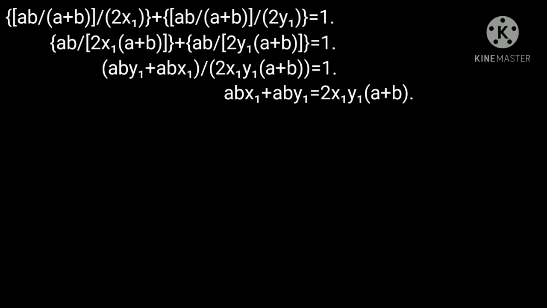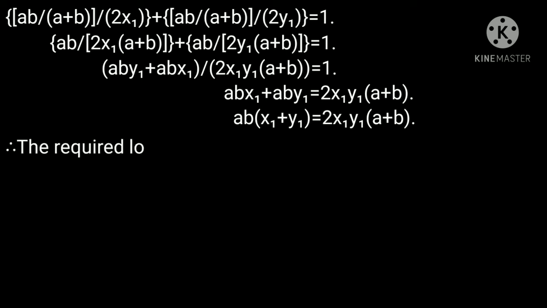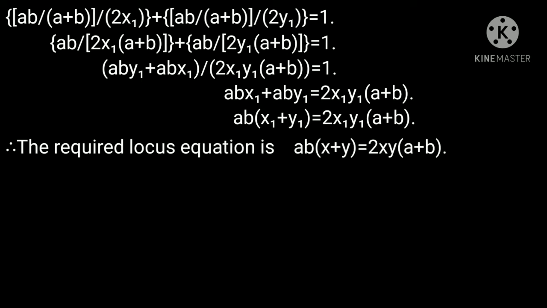Taking cross multiplication, then ab x1 + ab y1 equal to 2x1y1(a+b). From this, ab(x1 + y1) equal to 2x1y1(a+b). Therefore, the required locus equation is ab(x + y) equal to 2xy(a+b). This is the required problem solution.